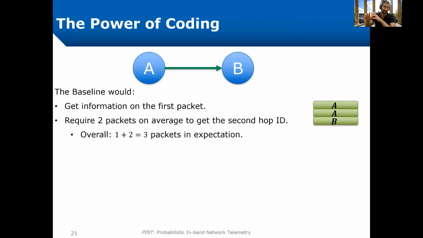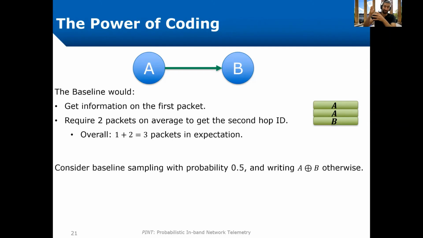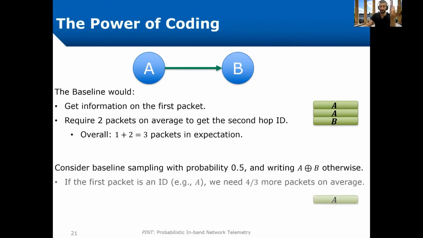Now, think of an alternative algorithm that uses coding, and instead of always sampling one switch ID, with probability 1/2, it's going to sample one switch ID, and with probability 1/2, it's going to write the bitwise XOR of A and B. Now, what happens is that if the first packet carries some identifier like A, right, then the number of packets we need before we can figure out that the second identifier was B reduces significantly.